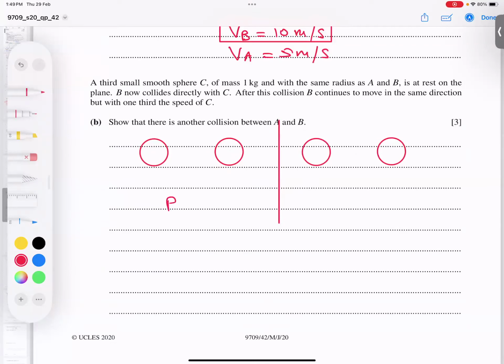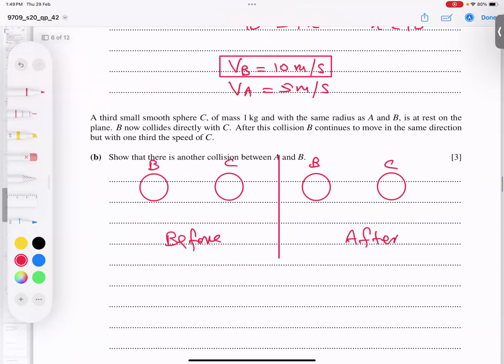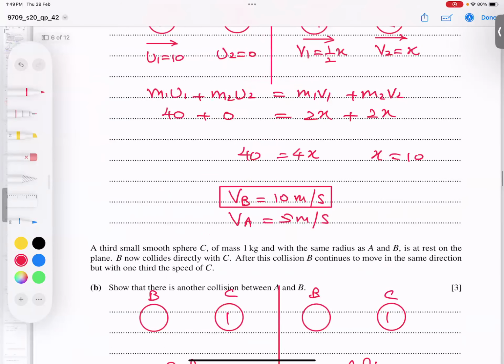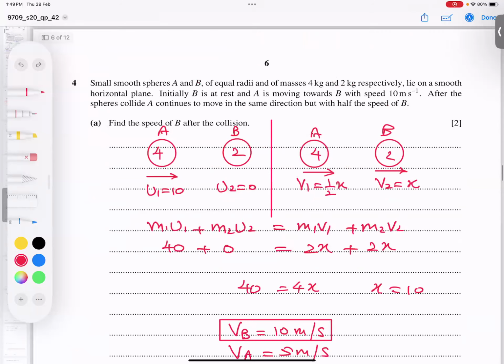This is B and this is C. C's mass is 1 kilogram, whereas B's mass is 2 kilogram.